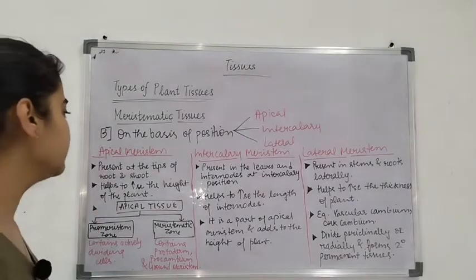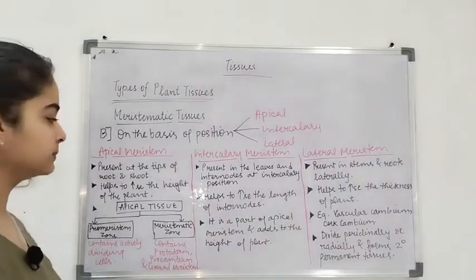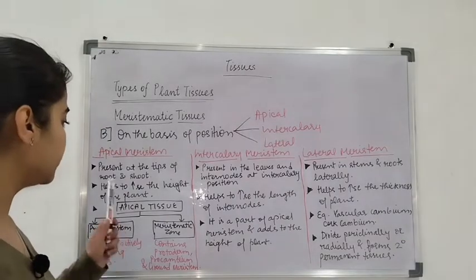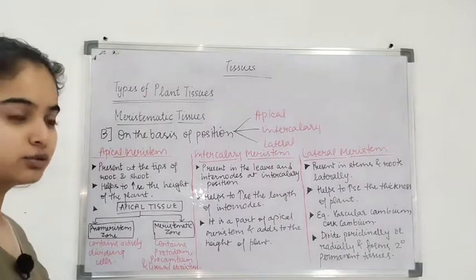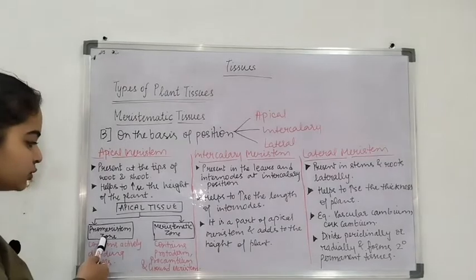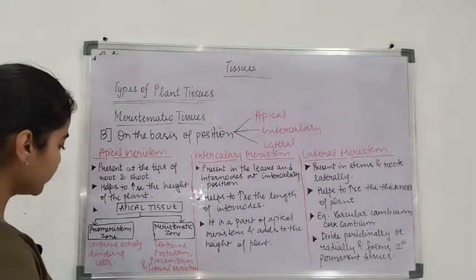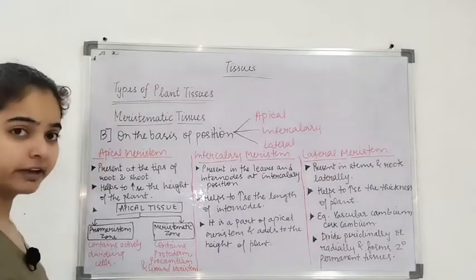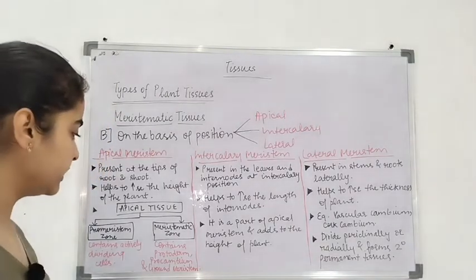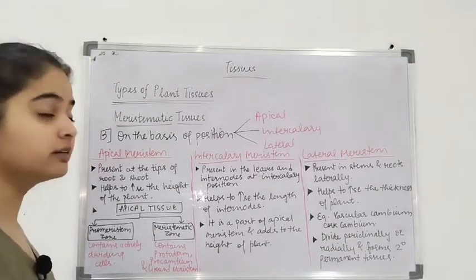These tissues help to increase the height of a plant. And apical tissue is further divided into two types. First is promeristem zone, second is meristematic zone. The promeristem zone contains actively dividing cells, and meristematic zone contains the protoderm, procambium, and ground meristem.